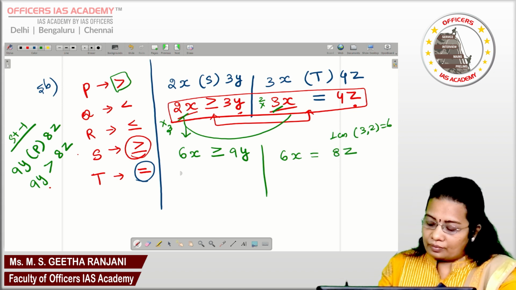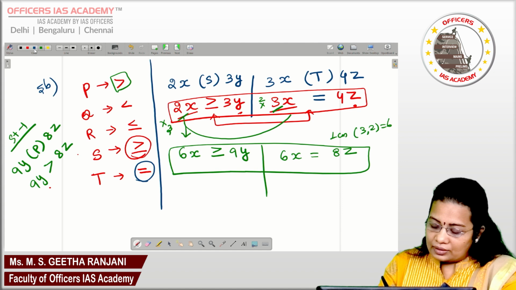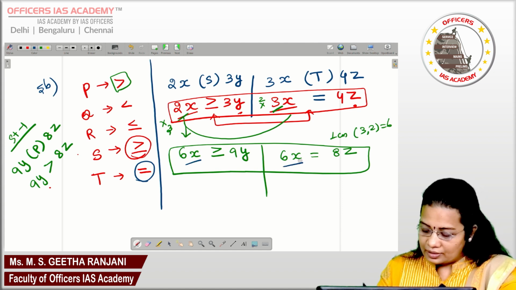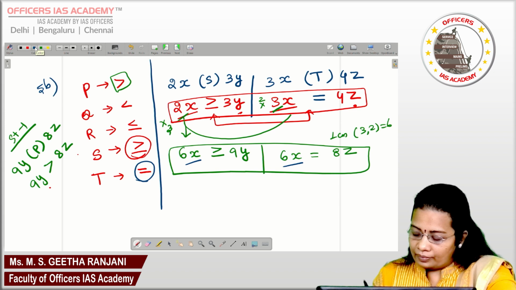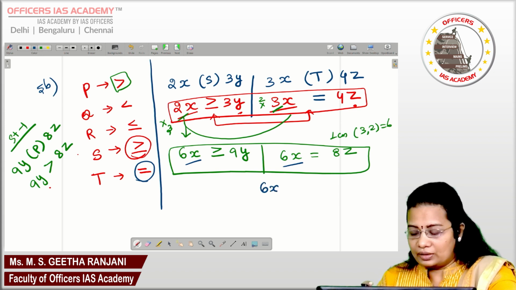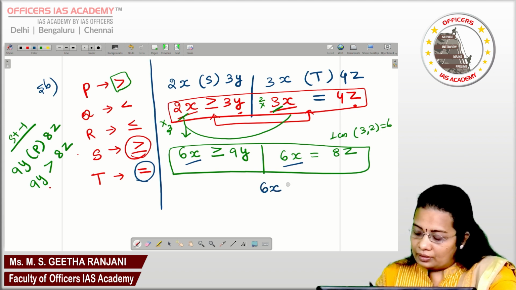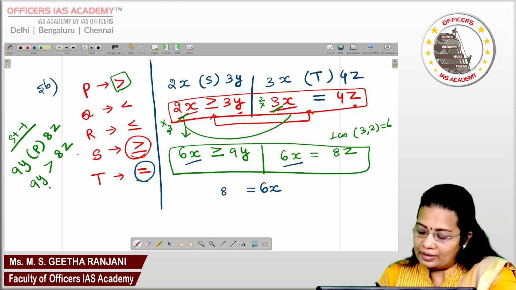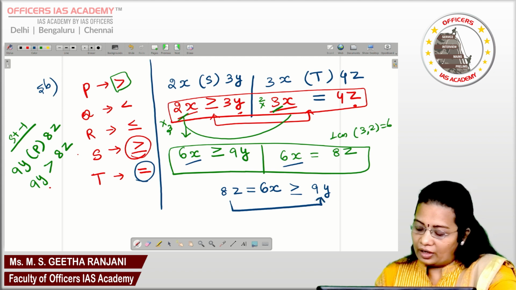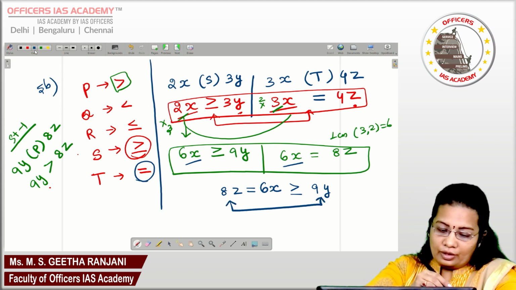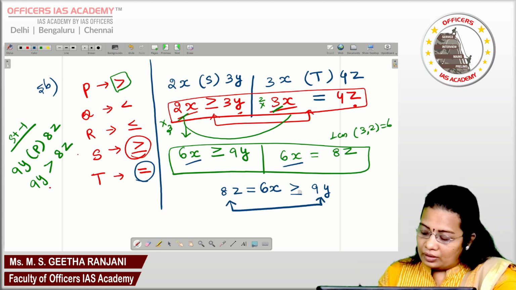That's all. Now, this 6x is common in both the cases. We want to write the entire expression making 6x as the center. So 6x, which is equal to 8z, as well as 6x is greater or equal to 9y. Now we want to find the connection between 8z and 9y. What is the connection?